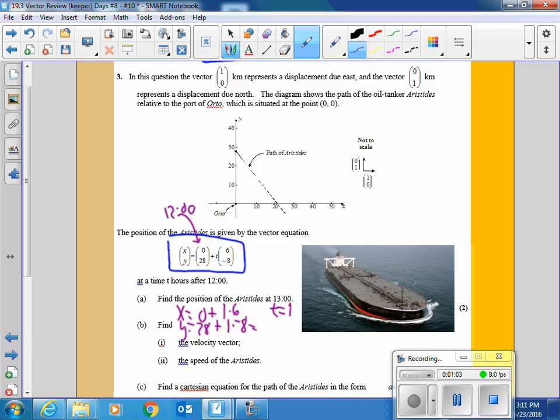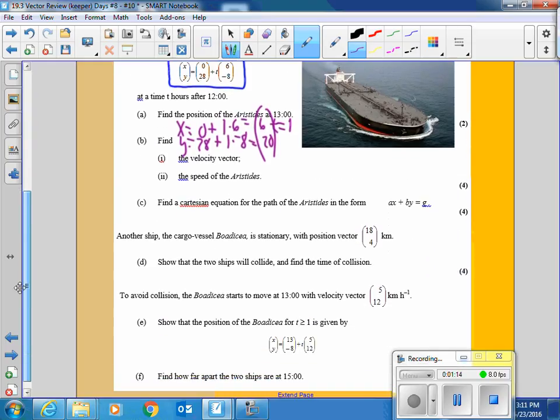So this is just going to be (6, 20). And if I make an arithmetic error, I apologize. We'll try to not do that. So that was 6 and 20, yeah. The velocity vector, if this is the direction vector, is (6, negative 8).